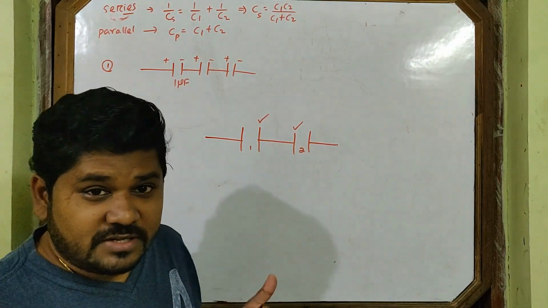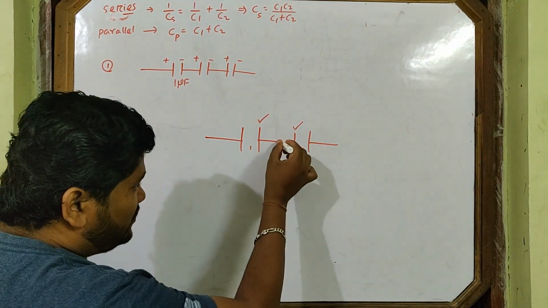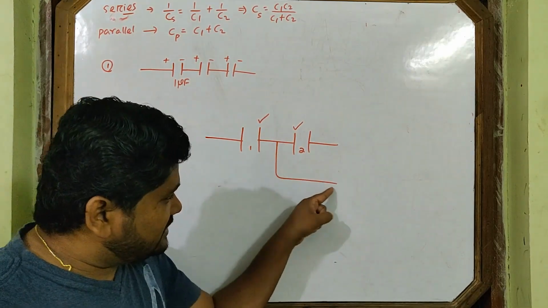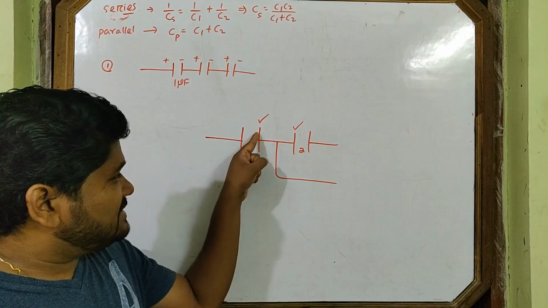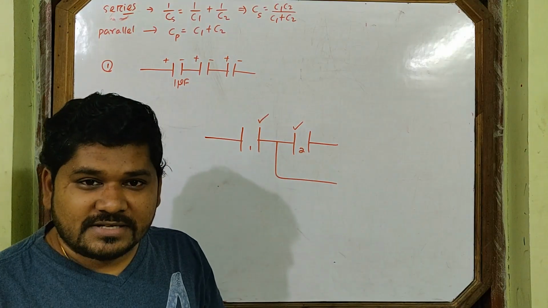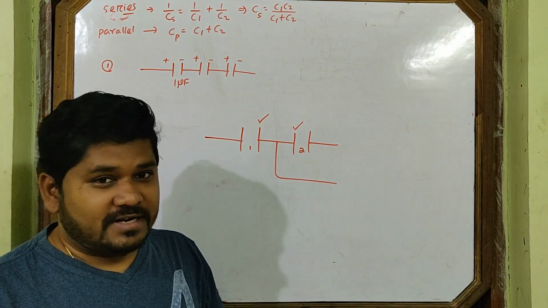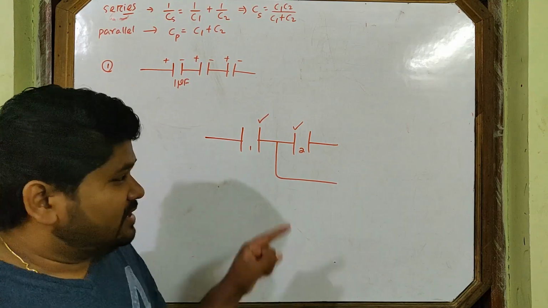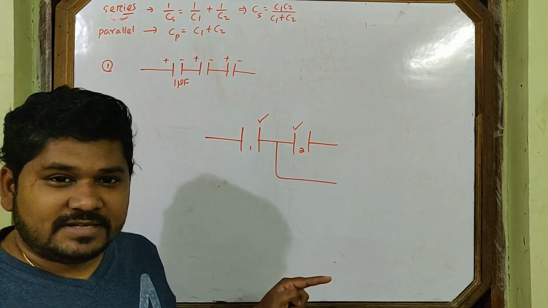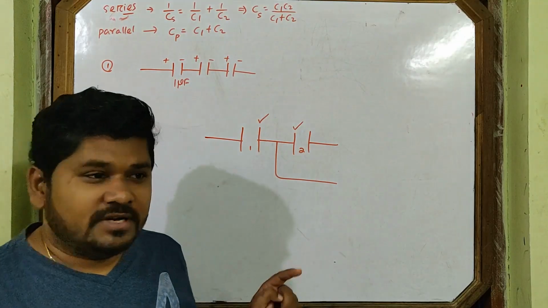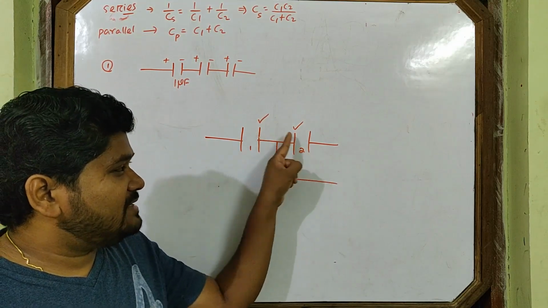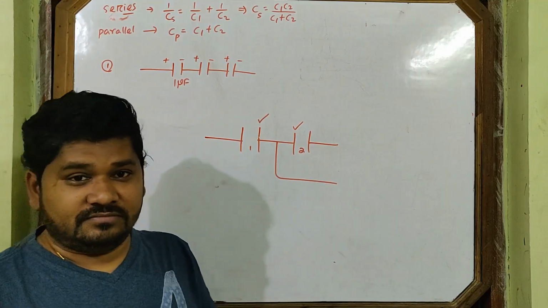What is the meaning of directly? Suppose another wire is going like this from this point. Is it connected directly to this plate? Not directly. This is not called direct connection. If one wire goes somewhere from that point, then this connection is not direct and they cannot be considered as in series connection.